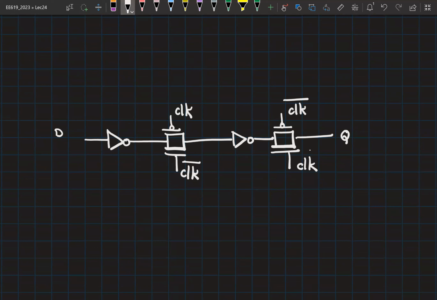This is clock and clock bar. Correct, right? Okay. So can you analyze and tell me what is the setup time, the hold time, and the clock to Q propagation delay? We will call these I1, TG1, I2, and TG2.